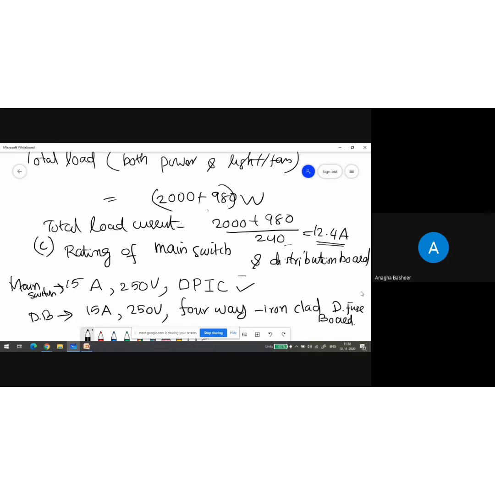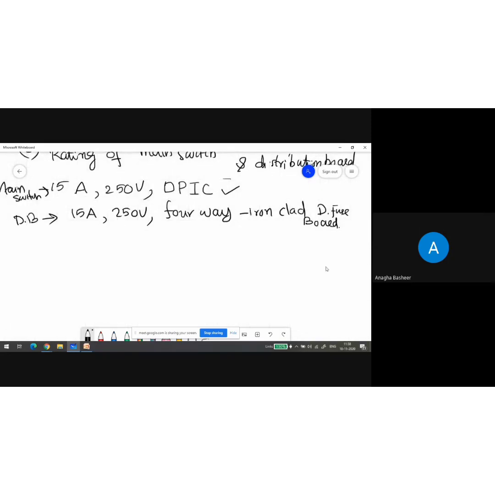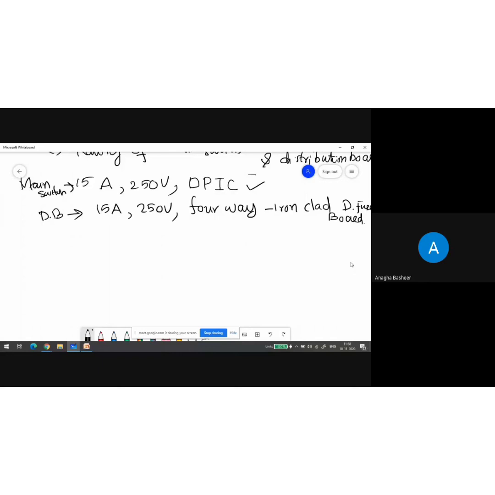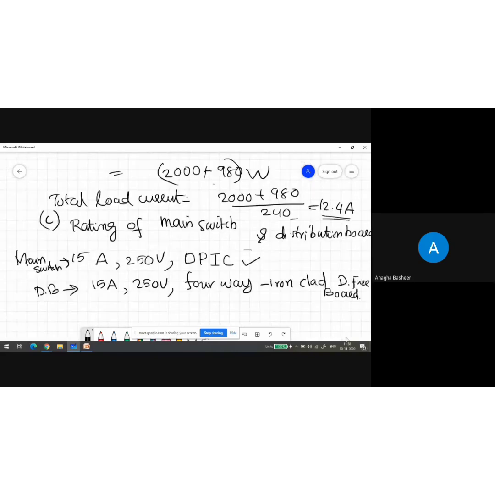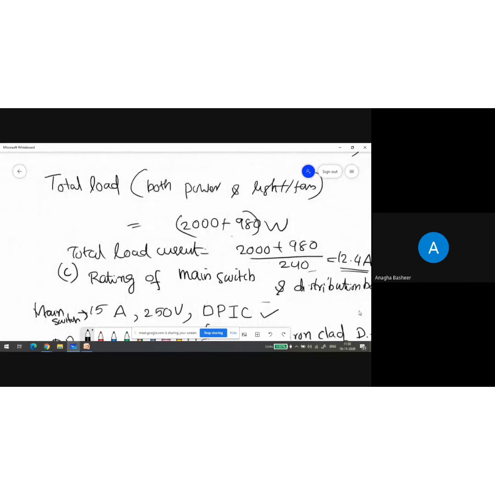All these are according to the Indian electricity rules. There are some tables specified for each thing. So you have to use accordingly. So only this much we will explain today. That is length of wire we will calculate in the next class.